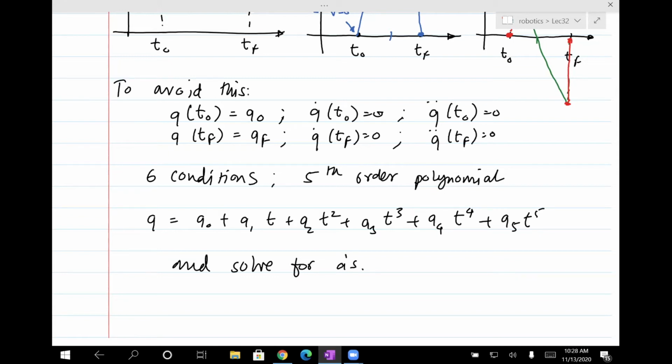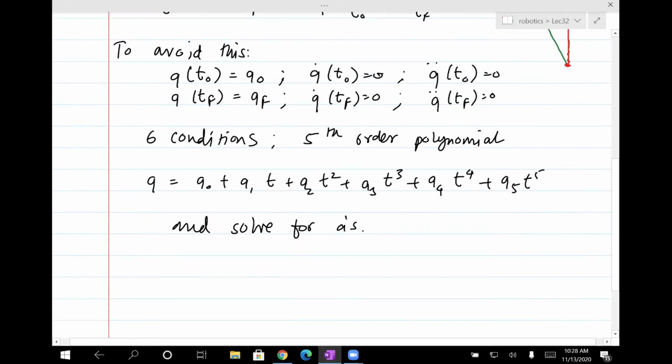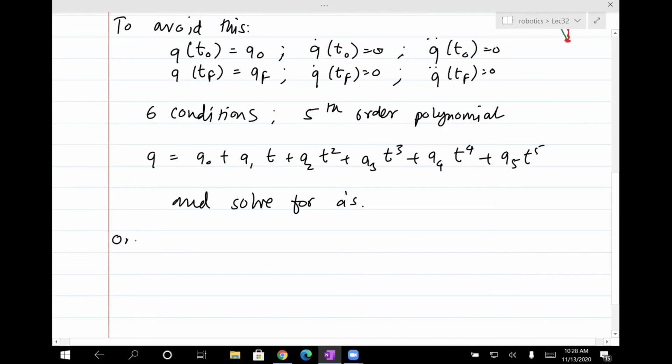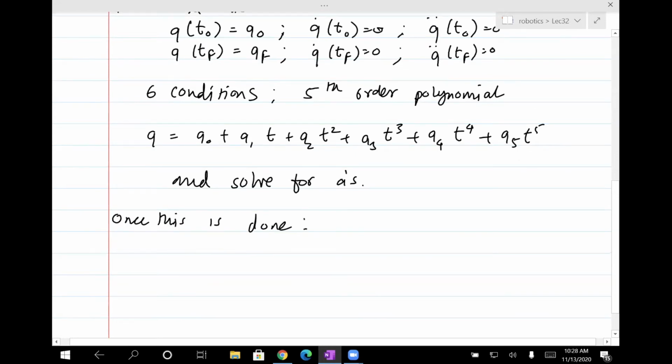Once this is done, you will see that q, q dot, and q double dot are continuous.